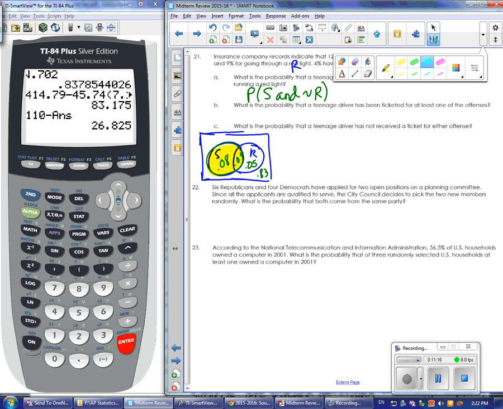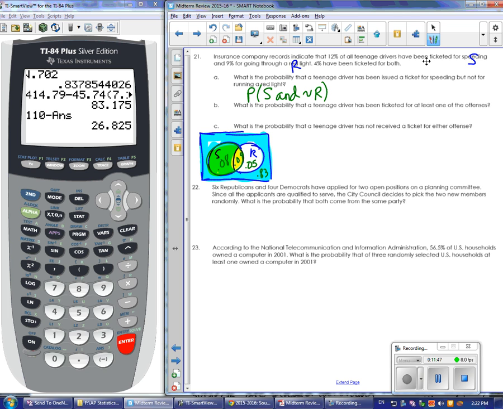And if I'm also looking at them not getting a ticket for running a red light, I want to make sure that I color in everything outside of my R circle. Okay. And so if I look for the overlap, if you think about it, blue and yellow make green, so that's going to be where they overlap, and that's what and stands for. It's the overlap, it's the intersection. And so I can tell when I look at my Venn diagram that I'm just looking at that 8%.